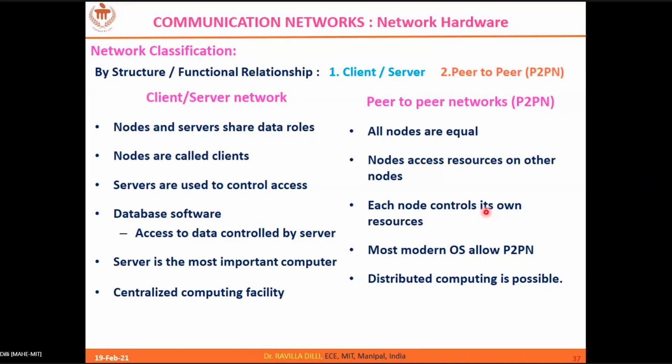So this is another aspect of network hardware, that is whether your network should be a client-server model or a peer-to-peer model. So usually in the client-server model, the communication between the client and server is like a request and reply. Being a client, you have to request the server for the content, and the server accepts the request, processes it, and gives a reply.